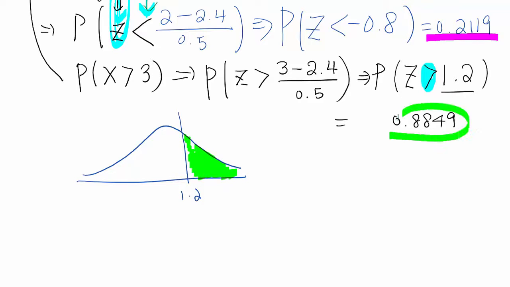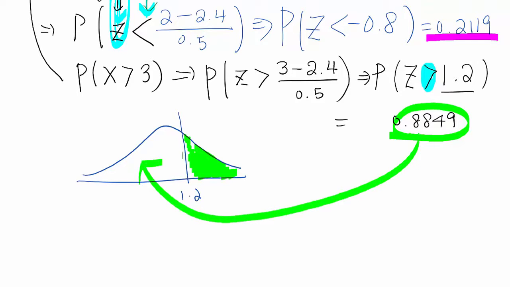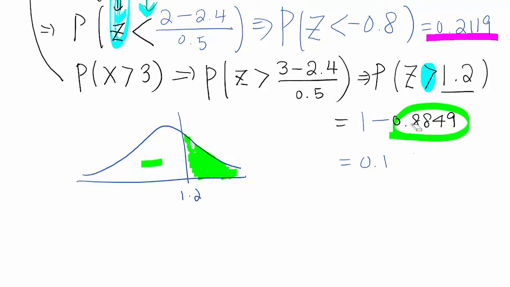But this value indicates which area? Left side area here. Then how to find right side? Yes, the sum of total area will be 1. So you subtract this from the 1, then there will be the answer, which is 0.1151. Okay. That will be the answer for this question.